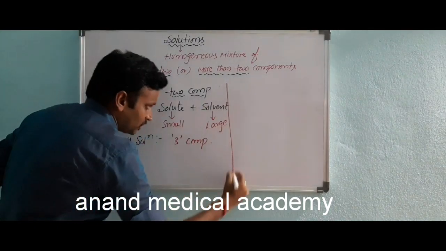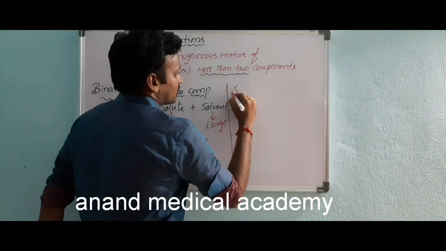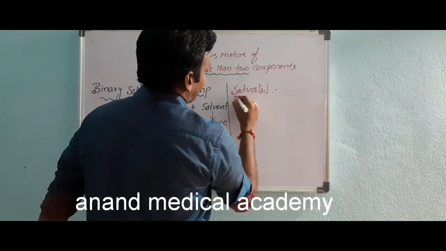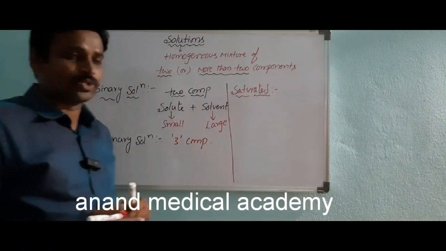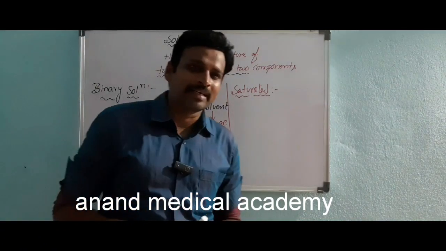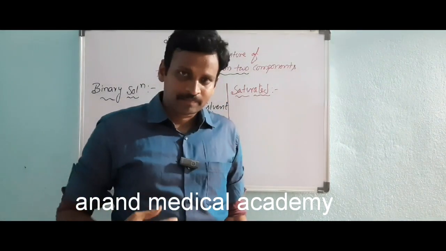Based on the quantity of solute, we have another classification, that is saturated and unsaturated. What exactly does saturated mean and what exactly does unsaturated mean? Earlier also I gave some examples, like food I'm eating.